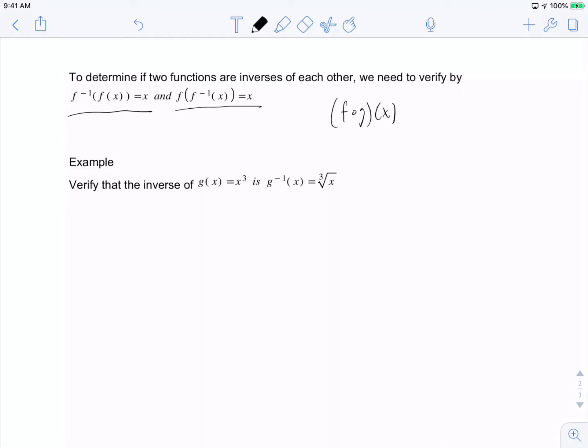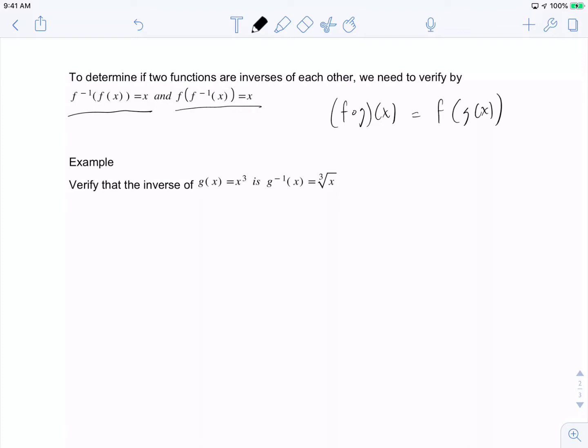This is just another way of writing that. That's the same as going f of g of x. So basically the g of x in this case would be the inverse, and then if that equaled x, we would in fact have one side of the inverse proof.